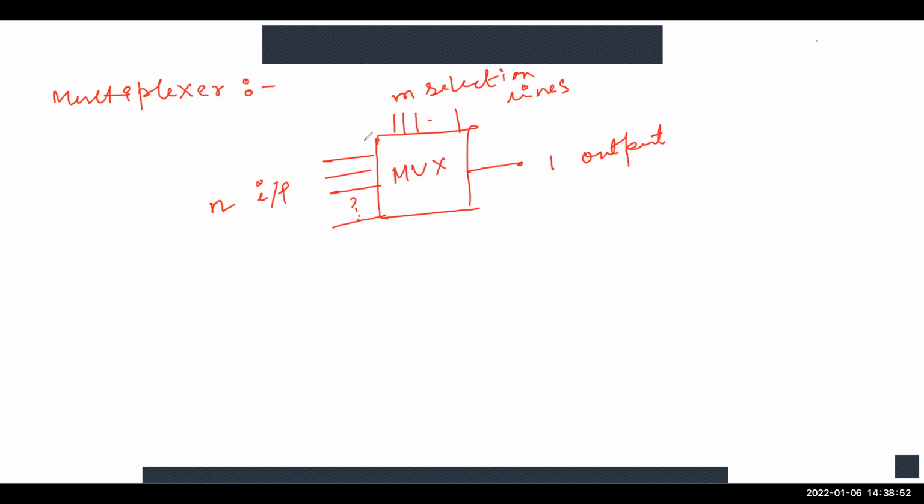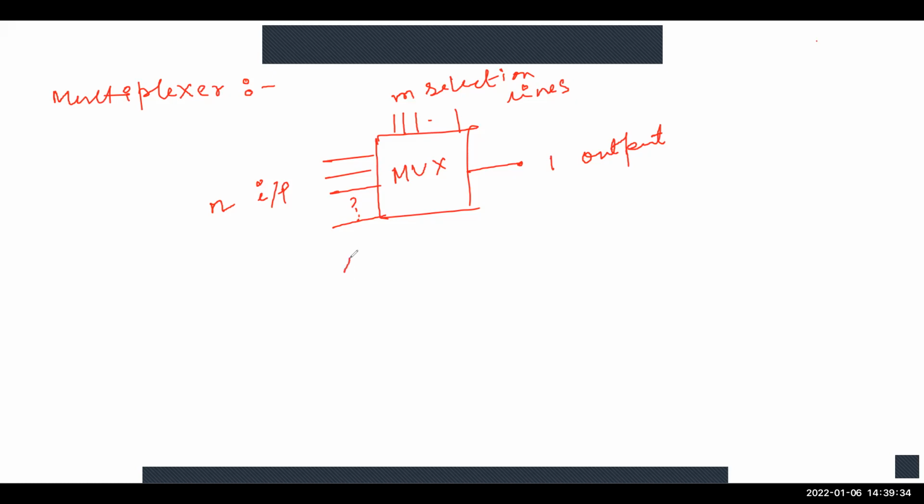Now what is the purpose of the selection lines? The selection lines decide the number of input lines of a particular multiplexer. If the number of input lines n is equal to 2 to the power m, then m select lines are required to select one of the n input lines. Suppose we have 4 input lines.